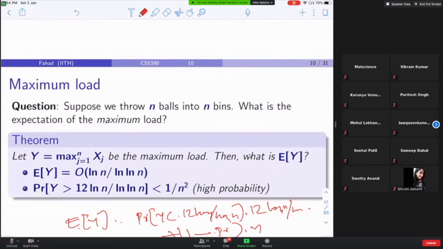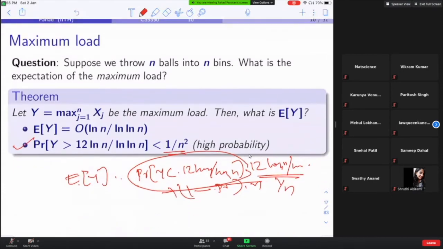And if I prove this to be at most 1 by n square, then this quantity will be at most 1 by n, which is very tiny, which means this probability is at most 1 minus 1 by n square. So in expectation, once I prove this, this will be at most 13 log n divided by log n.